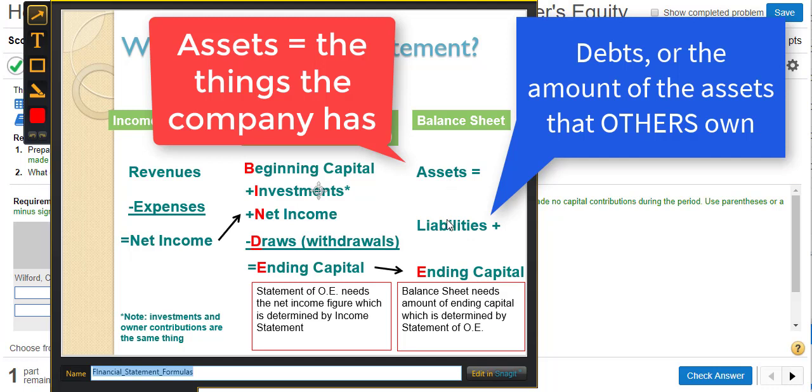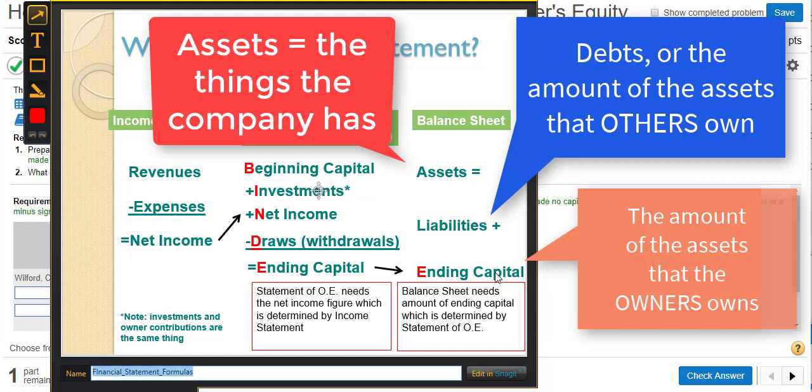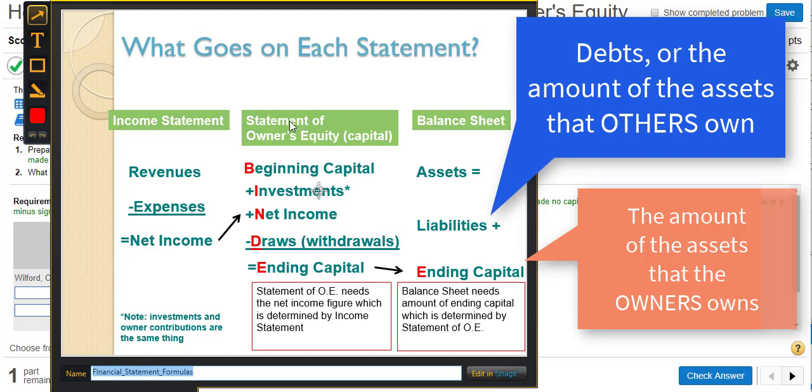Are those assets owned by others, like the bank, or are they owned by the owner, which is represented by capital? So capital is something that the company wants a lot of. You'd much rather have capital than debt, which is the same as saying liabilities. So let's get back to the statement of owner's equity.